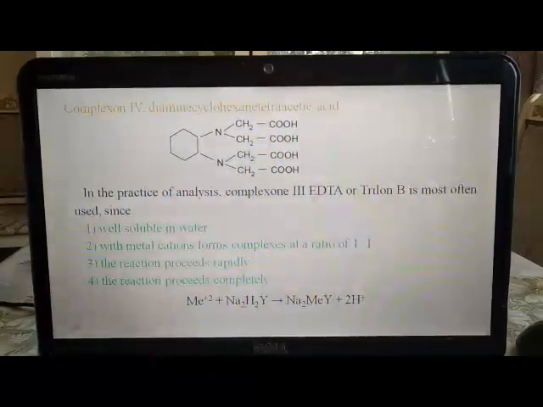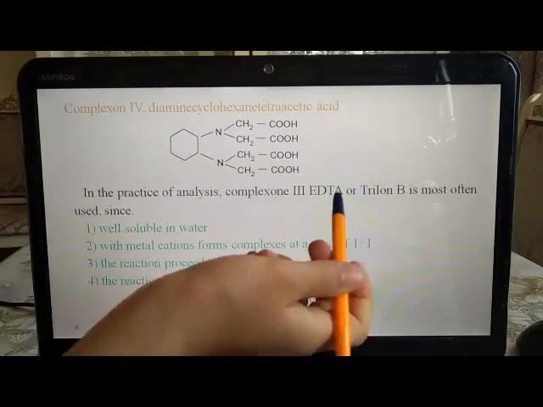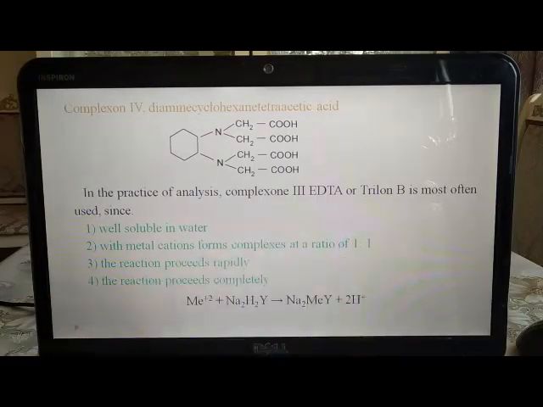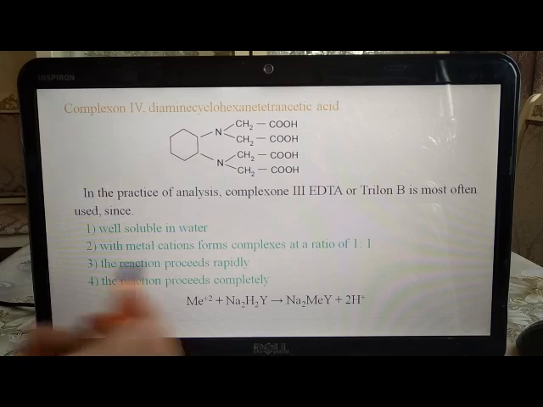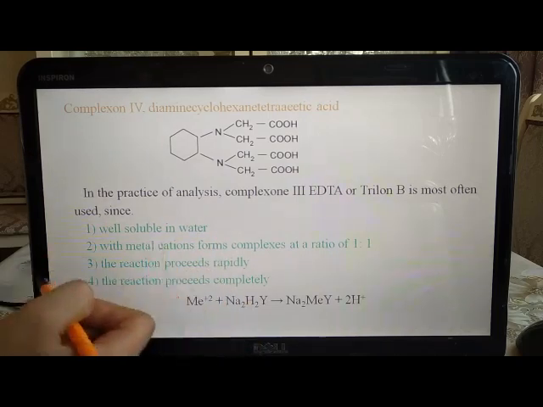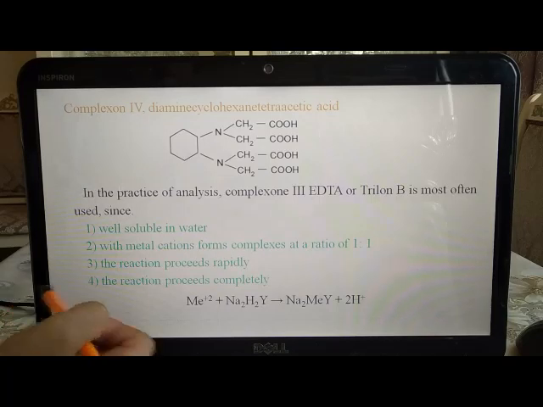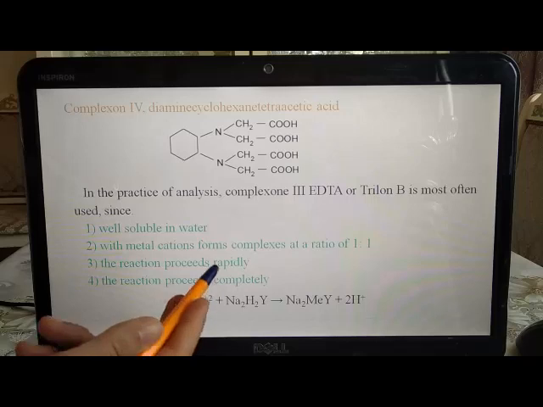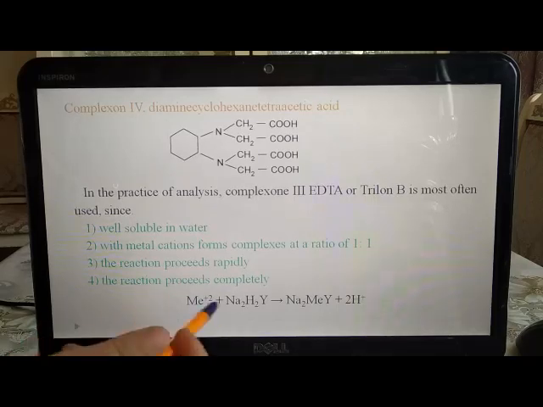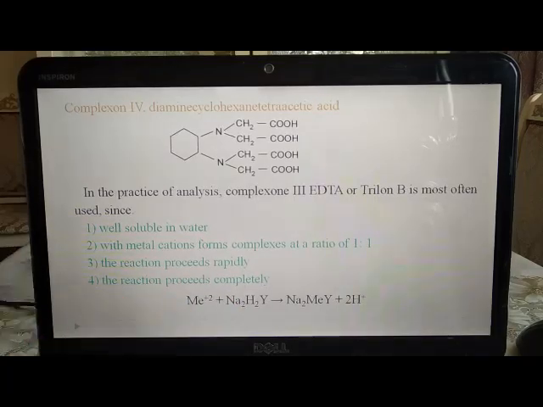In analytical practice, complexon 3, the disodium salt of ethylenediaminetetraacetic acid, or Trilon B, is most often used, since it is well soluble in water and forms complexes with metal cations at a ratio of 1:1. The reaction proceeds rapidly and completely.